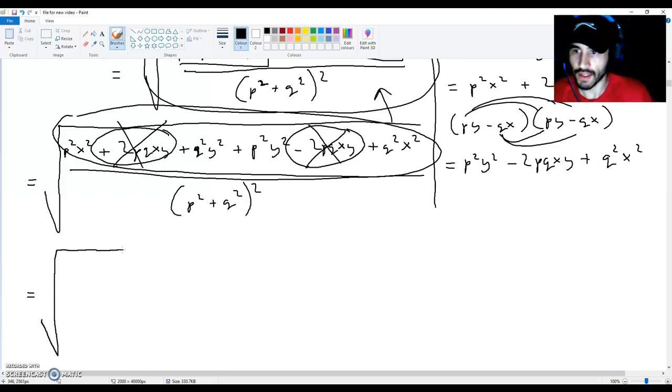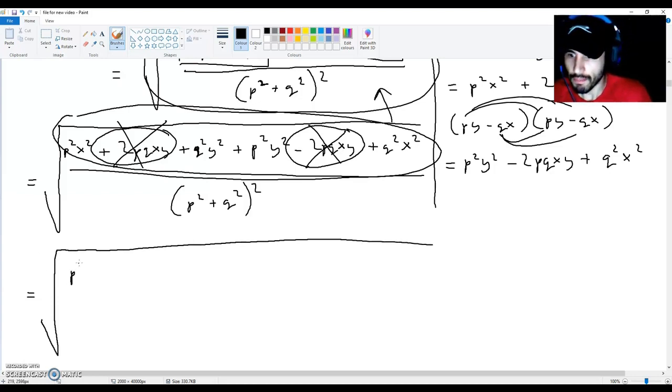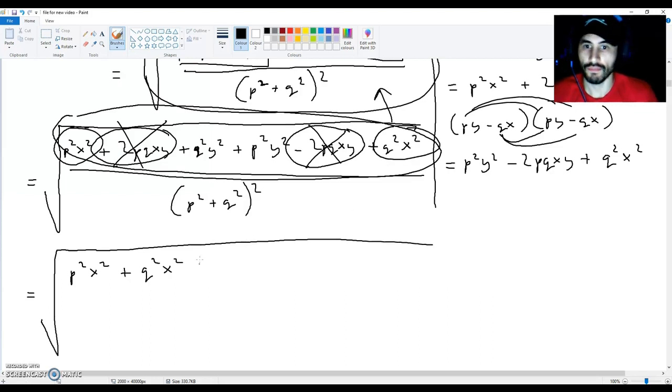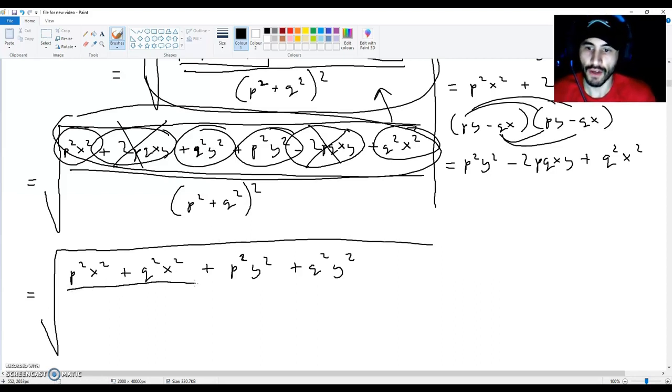So what we end up with is root of p squared x squared plus q squared x squared, because we've got this and this, plus p squared y squared plus q squared y squared, which is this, over, in brackets, (p squared plus q squared) squared.